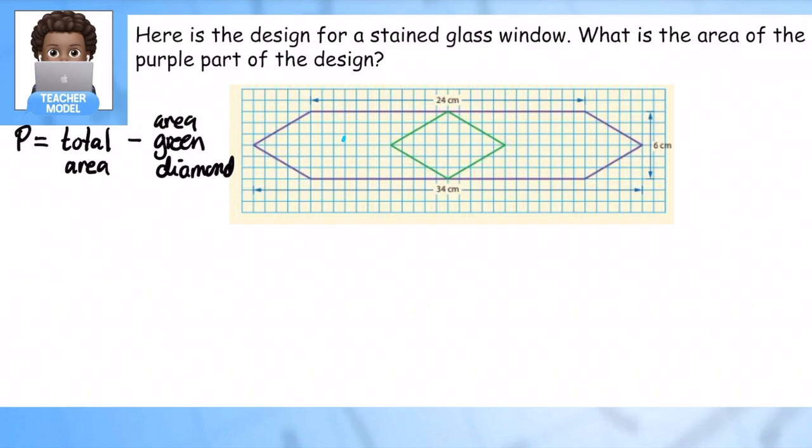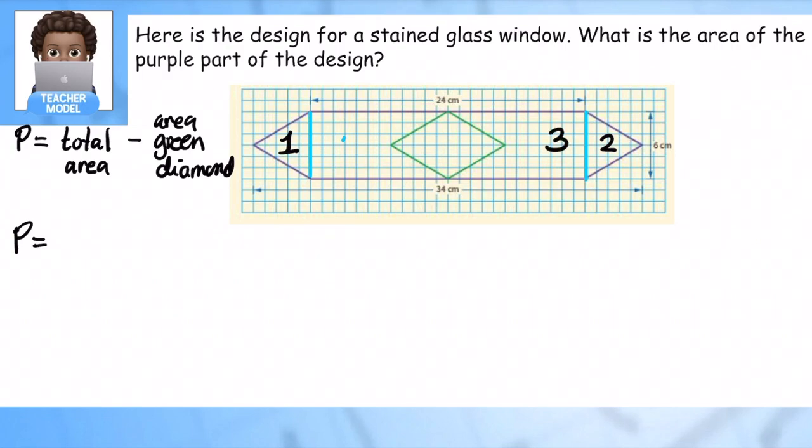So let's start by writing out our actual formulas. First thing, before I can do that, I'm going to decompose this figure. Let's break it up into some easy to see and easy to calculate figures. So just by making those 2 cuts, I have 2 triangles on the end that are the exact same size, and I have a rectangle.